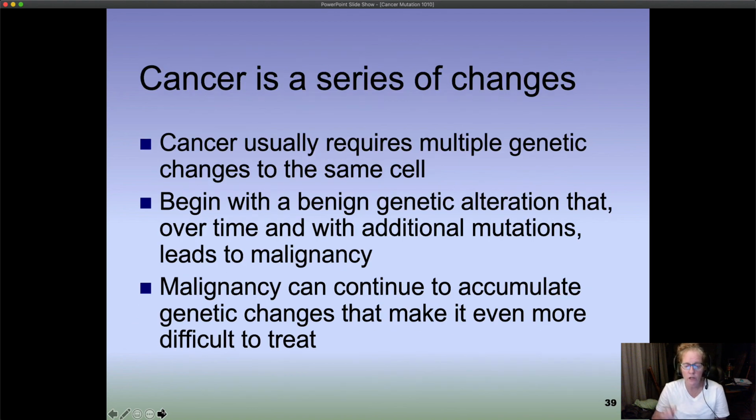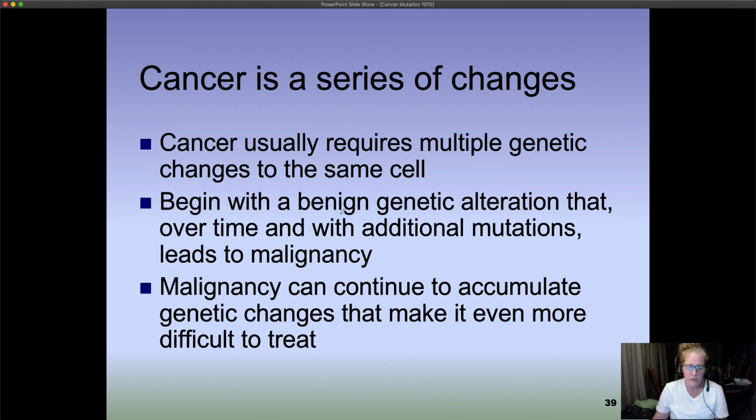So cancer requires more than one mutation most of the time. It's going to require multiple changes to the exact same cell. These are usually kind of like dominoes. Once one occurs, oftentimes multiple other mutations will begin to occur as well. Also, since most cancers are due to mutagens and exposure, those mutagens will oftentimes cause more than one mutation.